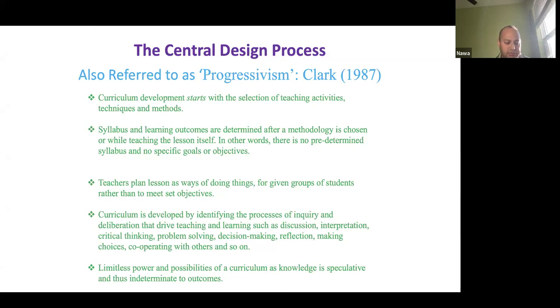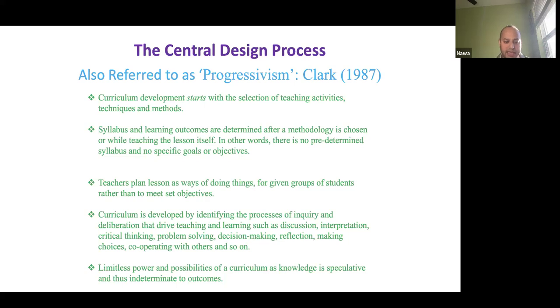This curriculum design takes the idea of teaching and learning as having limitless power and possibilities. It rests on the idea that the curriculum should not be limited by setting some mere objectives or some mere contents beforehand.